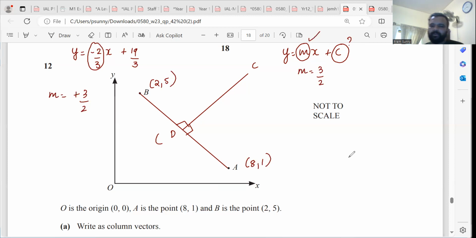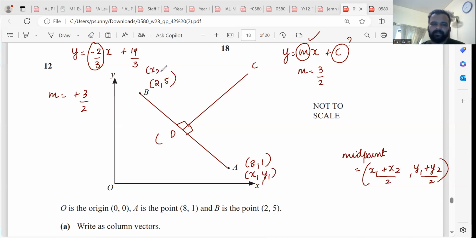So the midpoint, we know the formula for the midpoint: x1 plus x2 divided by 2, y1 plus y2 divided by 2. Let's take this as x1, y1 and this as x2, y2. So x1 is 8, x2 is 2, 8 plus 2 is 10, 10 divided by 2 is 5.